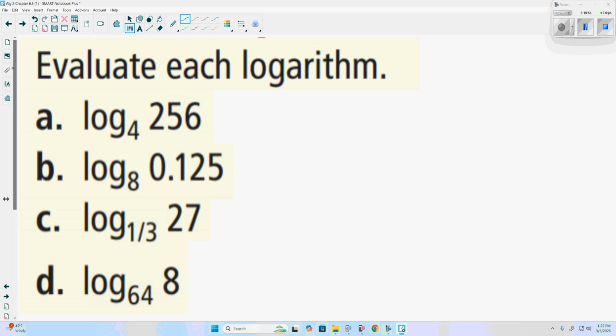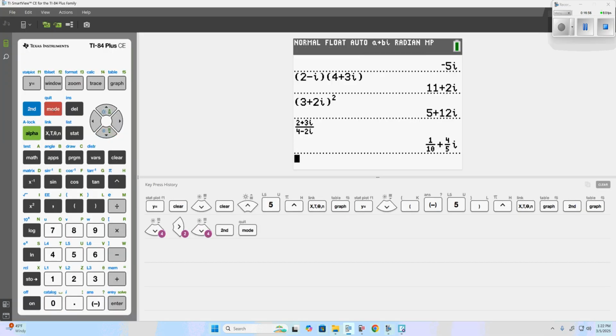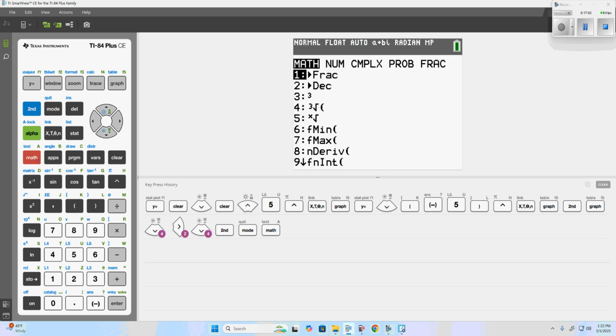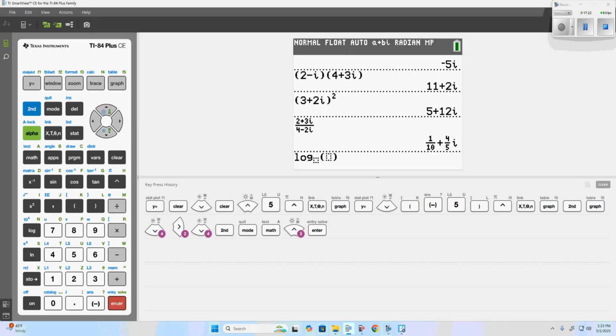Log base 4 of 256. Quick. So, math. On the TI-30XS, or on the 84, our graphing calculators, if we hit math and scroll up or down, there is a function called log base.